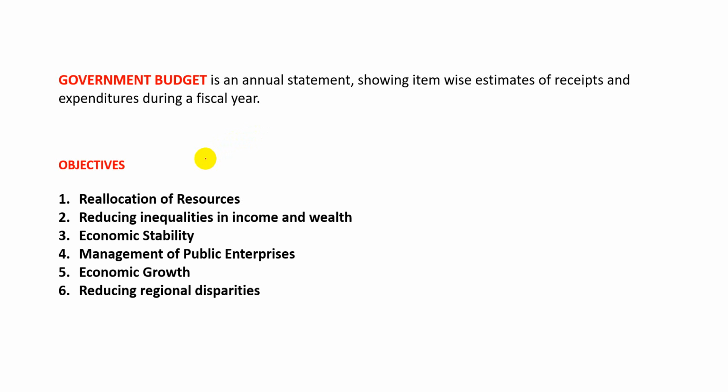Objectives of government budget. Budgetary operations of the government have an important bearing on the functioning of an economy. The ideals of welfare state and economic planning have tremendously increased the magnitude of public spendings. Government collects huge sums of money through taxation, borrowings, and other measures.